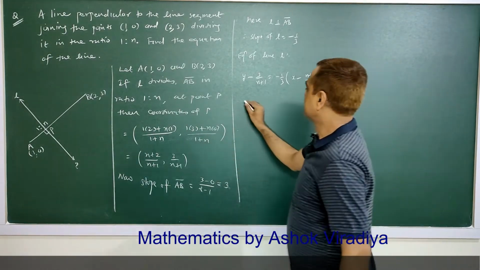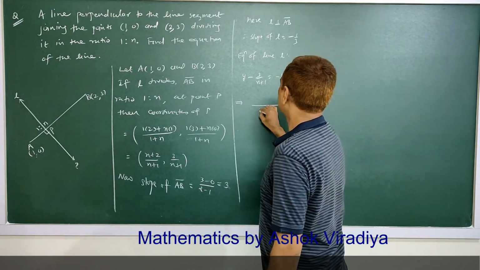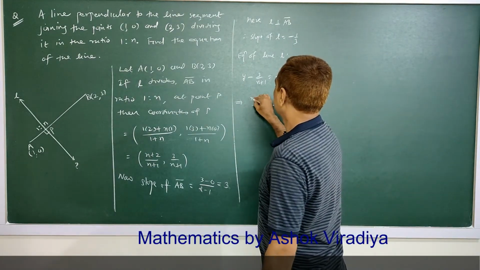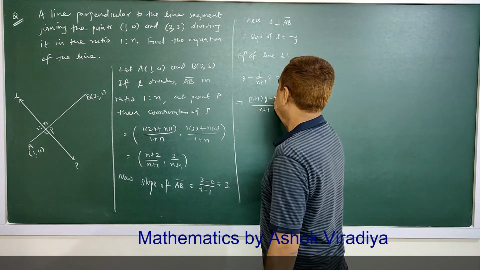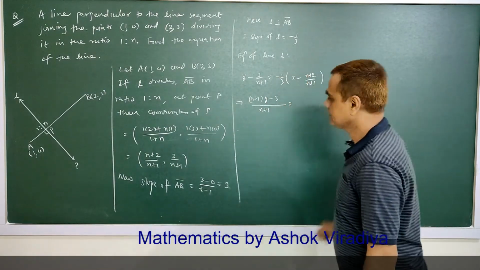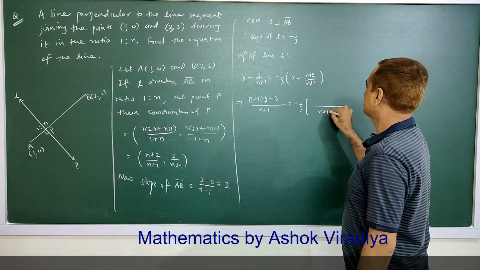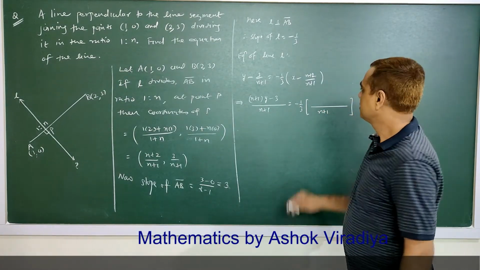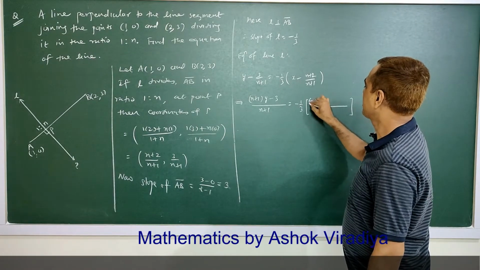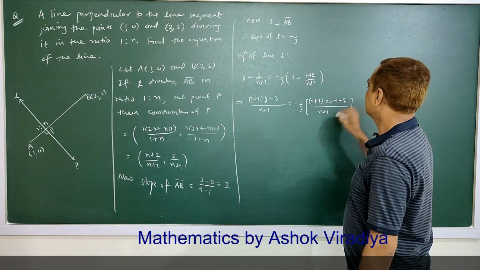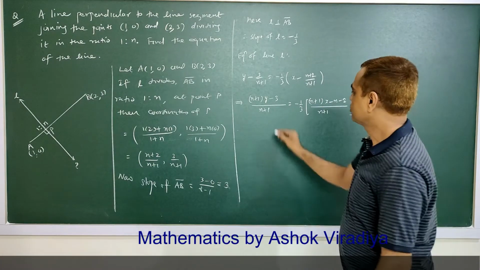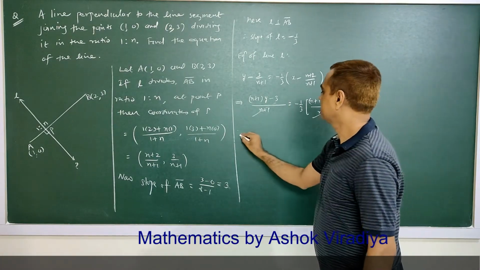Simplifying this, here the LCM is n plus 1. So (n plus 1) into (y minus 3) equals minus 1 by 3 into, inside, the LCM is n plus 1, here (n plus 1) into x minus n minus 2. So from both sides this will be cancelled.